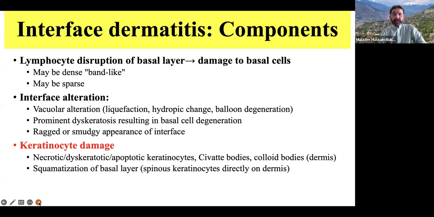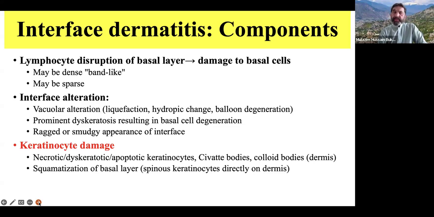One very important differentiation point: at the end, I will ask, what is exocytosis of lymphocytes? Write it down. And what is epidermotropism? These are two different things, and especially dermatopathologists and histopathologists should distinguish exocytosis of lymphocytes from epidermotropism.